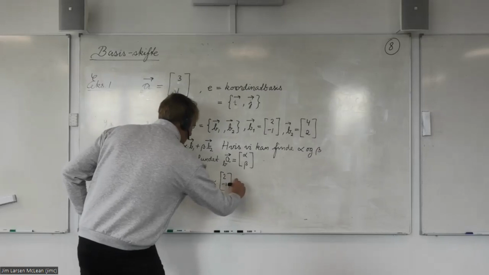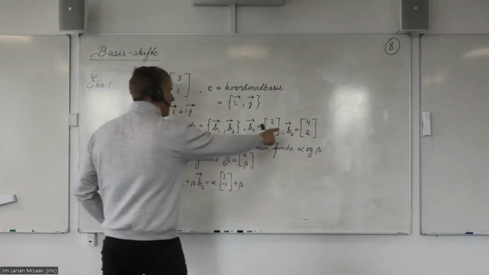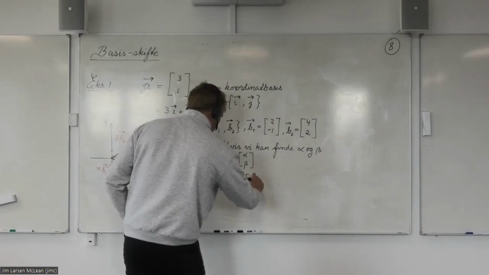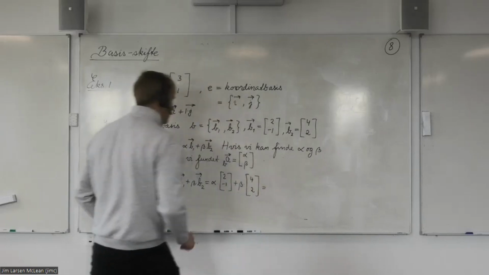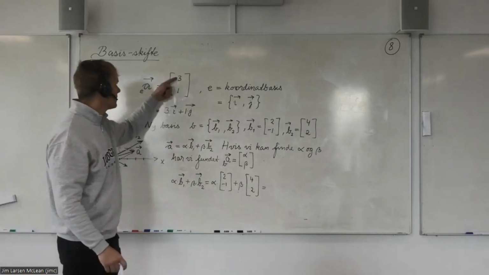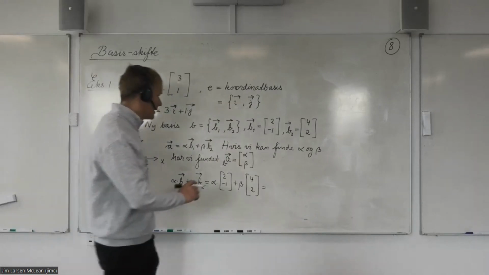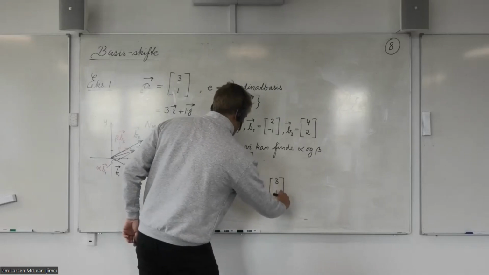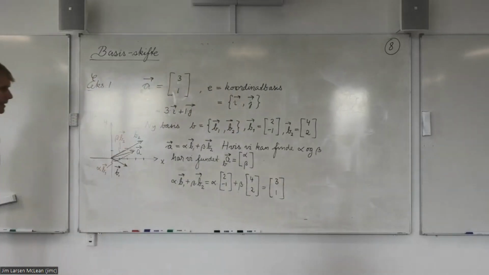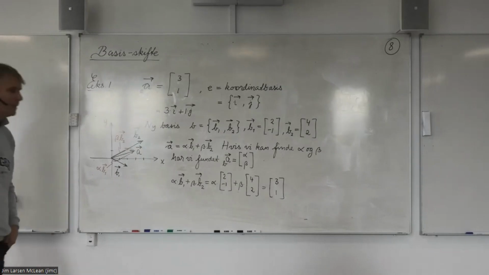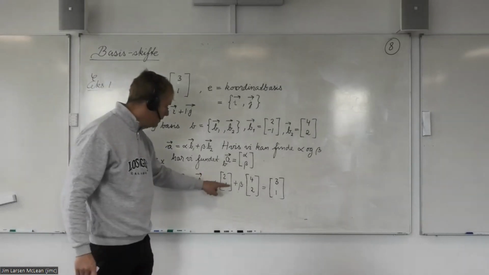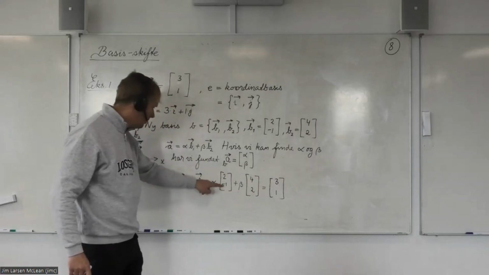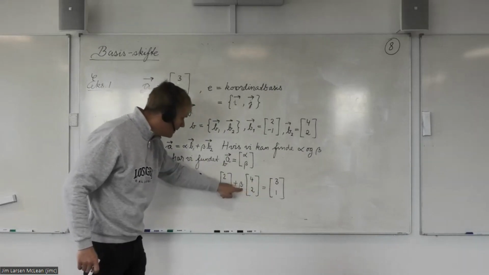In the same way, I can write beta times the vector (4, 2). And that equals vector A, which had the coordinates (3, 1) in the standard basis. So it must be (3, 1). Now we can see that this results in two equations with two unknowns, because 2 times alpha plus 4 times beta must equal 3, and minus alpha plus 2 beta must give 1.